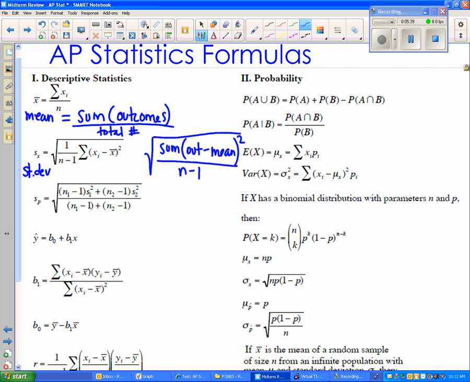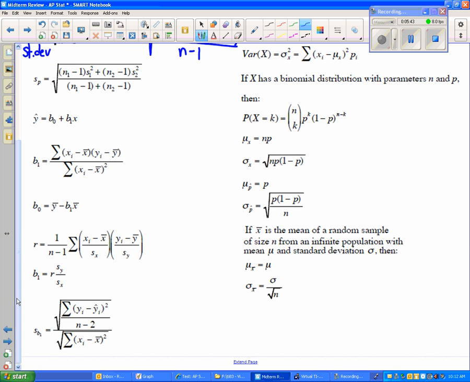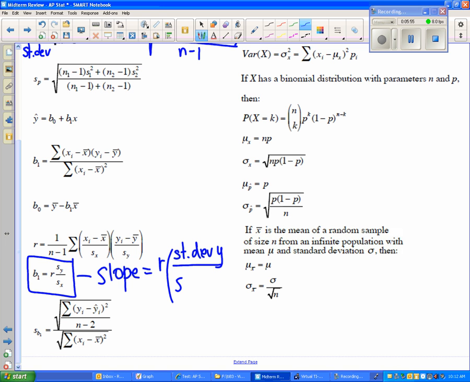Some of these other formulas we didn't really use too much because your calculator does a lot of that for you. This formula here is your slope formula. And remember, slope is equal to the correlation coefficient times the standard deviation in y over the standard deviation in x. And then once you know that, you can plug it into your linear equation.